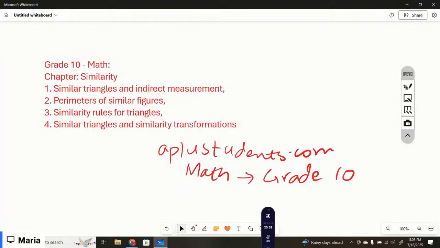We're going to start with the chapter Similarity. The lessons we're going to cover today are similar triangles and indirect measurement, parameters of similar figures, similarity rules for triangles, similar triangles and similarity transformations.